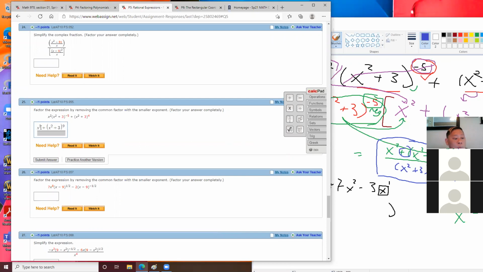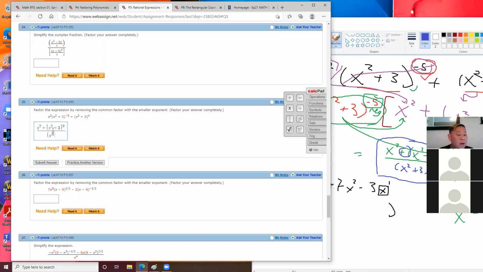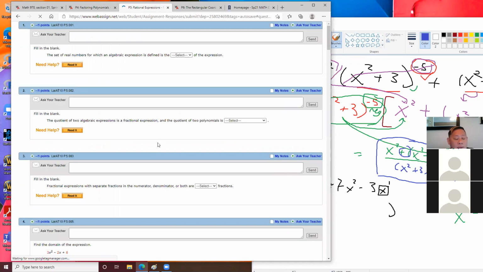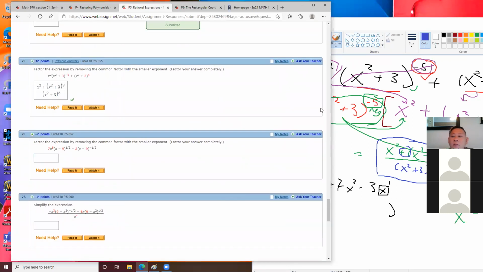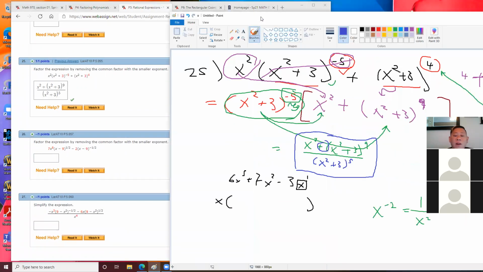How do you do power on your keyboard? It is the caret key, so you do shift number 6. Then x squared plus 3 to the power of 5. So this is how you do question number 25. It's a lot to type in there. And as I mentioned, do not worry about this in your test because it's not coming out in your test. So anyone have any more questions with P4?